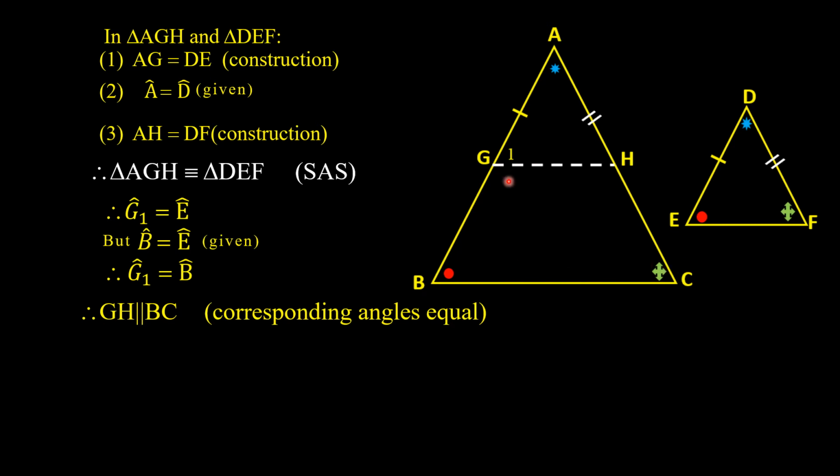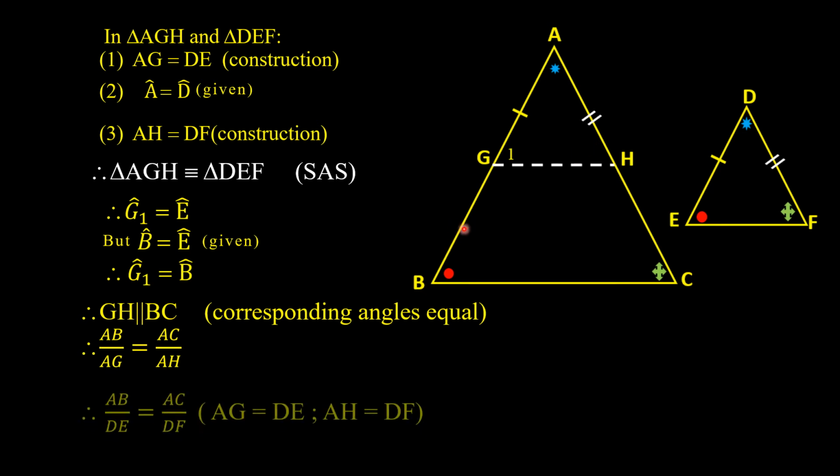Now we make use of the proportionality theorem, a line drawn parallel to one side. So the ratios, AB over AG will be equal to AC over AH, making use of the proportionality theorem.